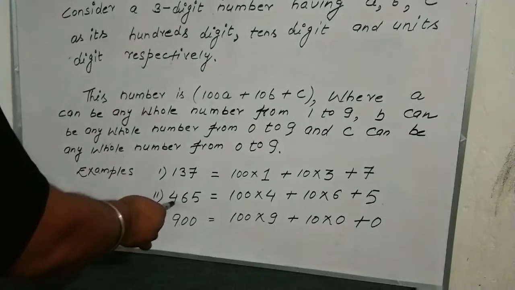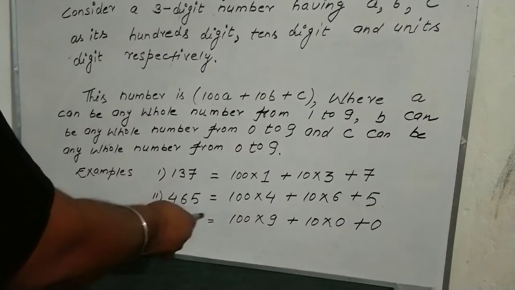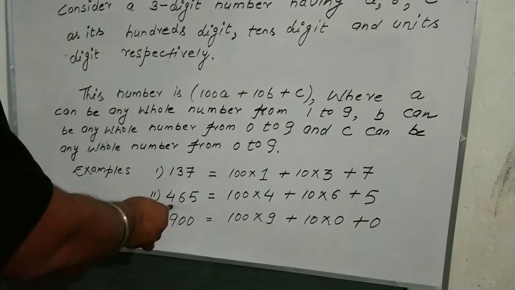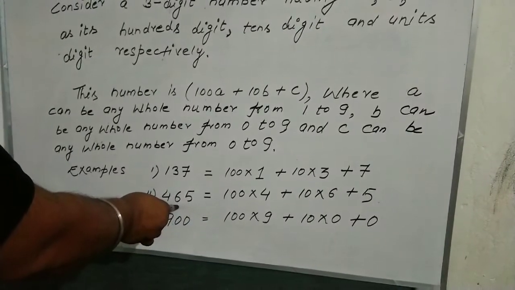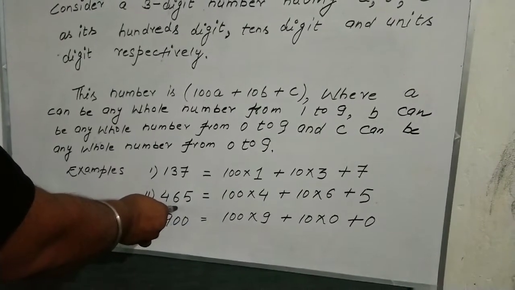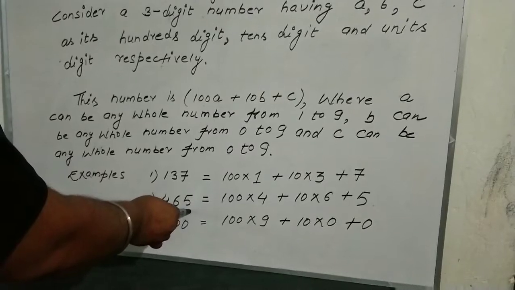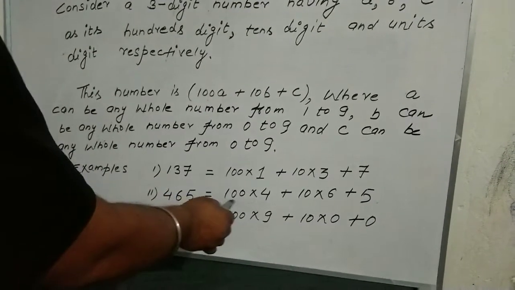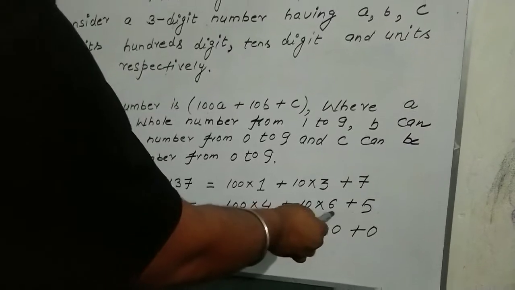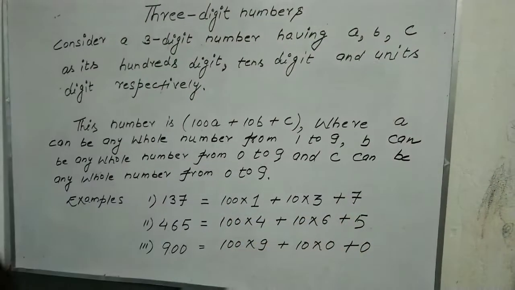Next example, 465. So 4 on the 100 place, so we will multiply 4 with 100. 6 on the tens place, so we will multiply 6 with 10, and 5 on the unit place, we will multiply 5 with 1. So it will be 100 into 4 plus 10 into 6 plus 5.